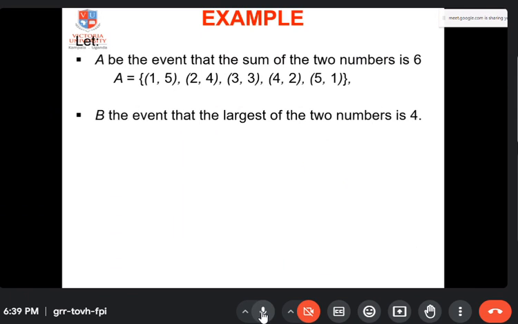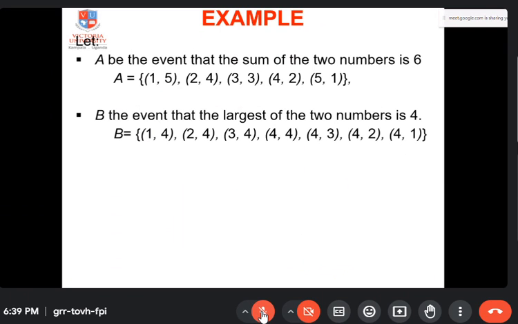Don't you think it is also there? Okay. So that one has got a 1-4, a 2-4, a 3-4, a 4-4, a 4-3, a 4-2, a 4-1. So that one, you can see, is an event that when you toss a die, the biggest number is a 4.